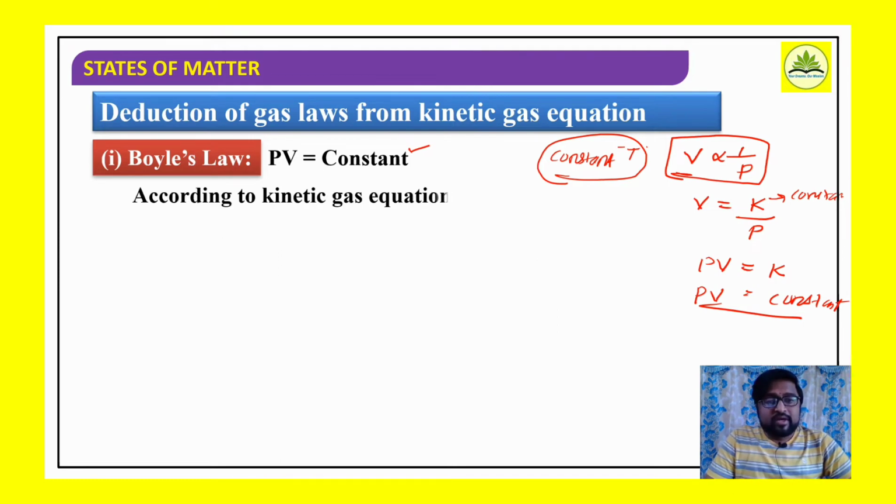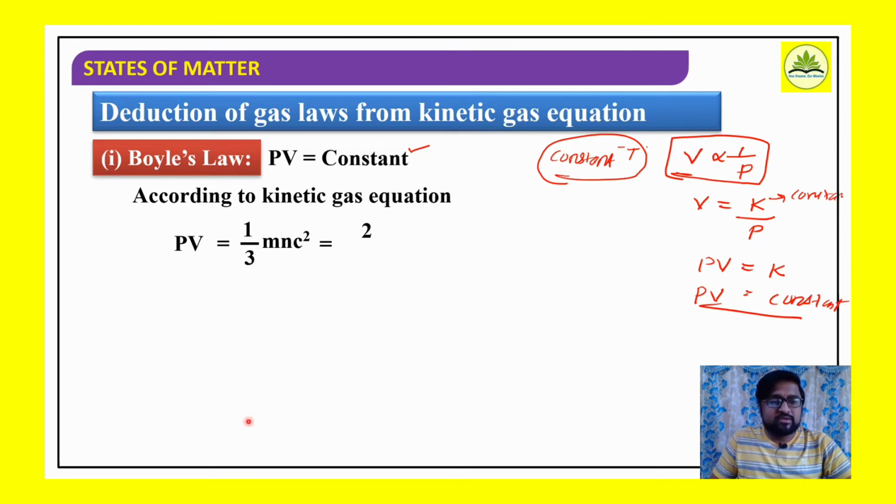According to the kinetic gas expression, we have PV is equal to 1 by 3 mnc square. Here we made some changes: we multiplied by 2 and divided by 2 for this expression.